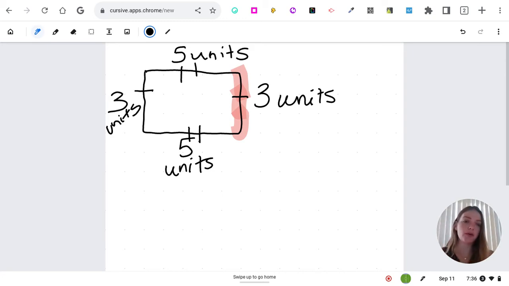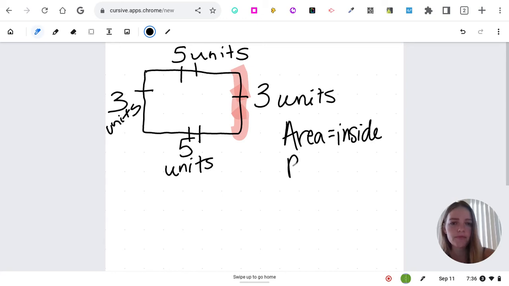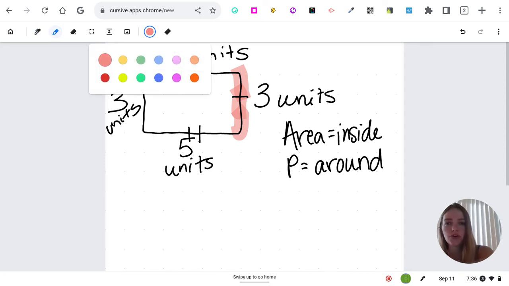When we were talking about area and perimeter, remember we said that area is the space inside. Perimeter is the distance around. For this rectangle, we can see right here that my perimeter would be the whole distance around, so whatever I would walk. I'm going to use my highlighter tool to show you.